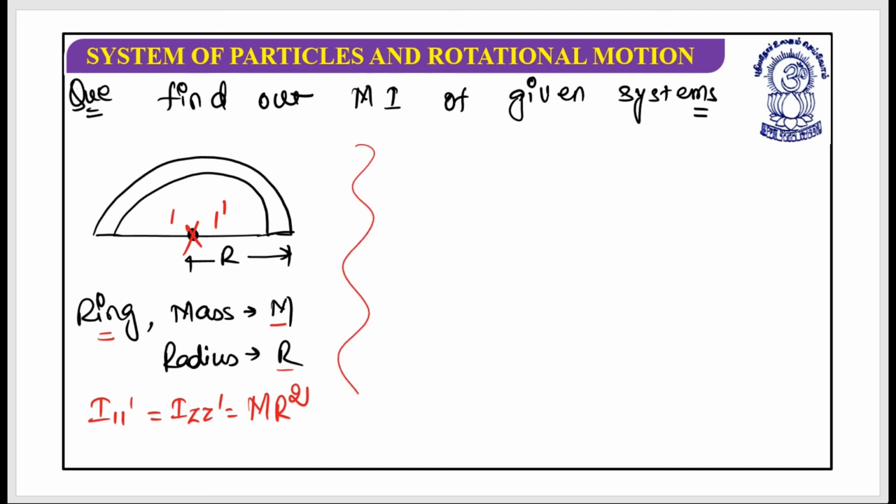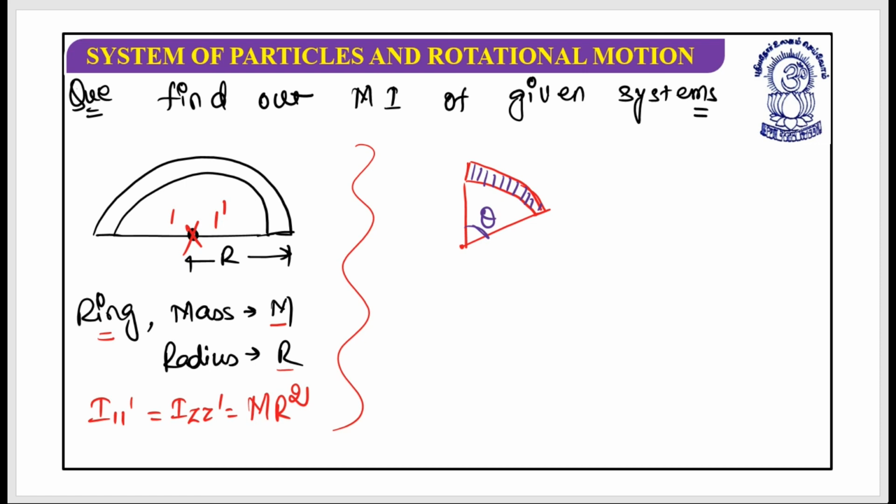Even if they say something like this, please have a look and don't be in confusion, make it clear. Let's say they say this is a ring, only this much segment, and this is angle theta.